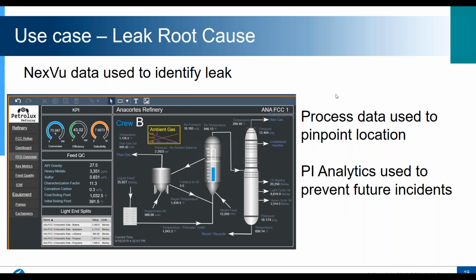I guess those are both hazards. Also, the PI system has historical data that would allow you to mine it and find the root cause of that leak and take actions to improve the process and process safety so that these conditions don't happen again.